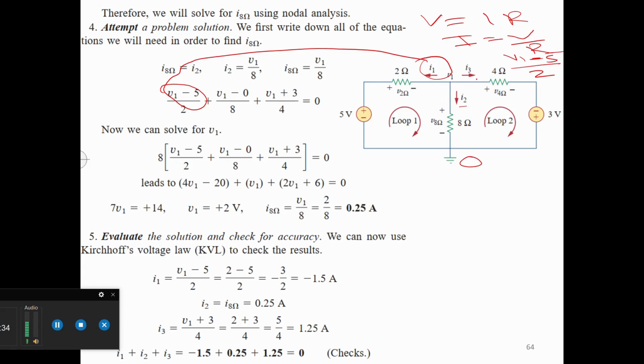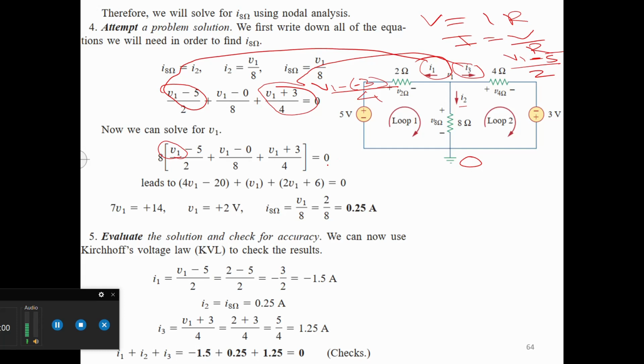So this equation for I3 relates to that. And lastly, V1 minus 0 divided by 8. So we can take the LCM and compute these equations and solve for the value of V1.